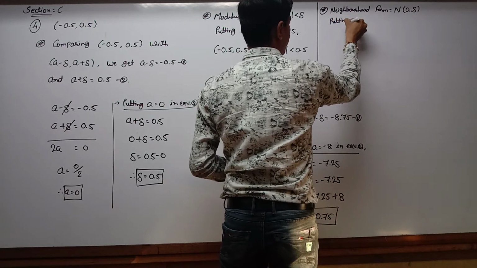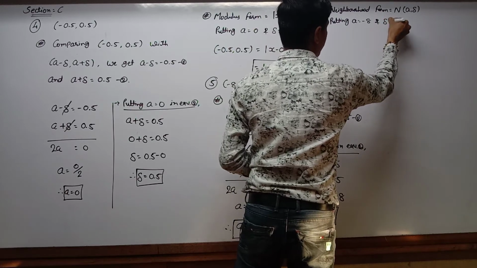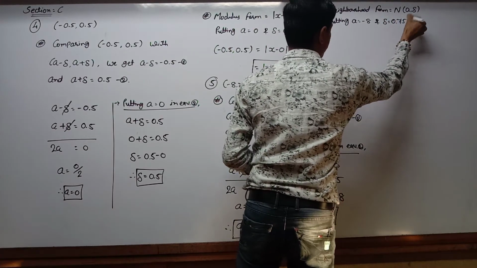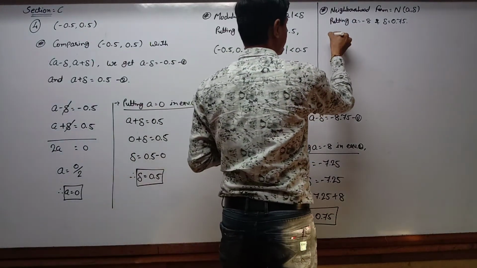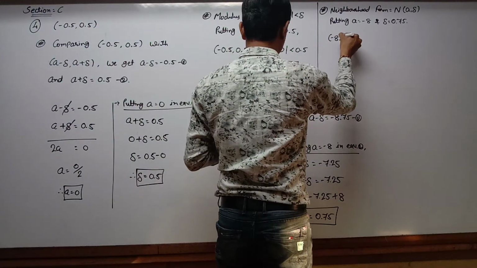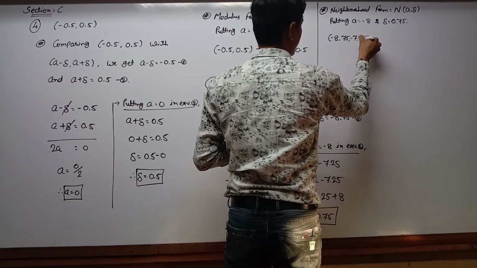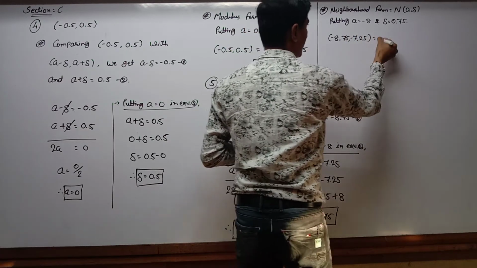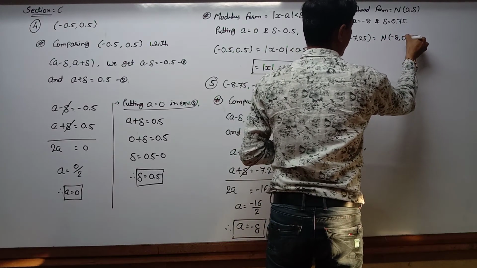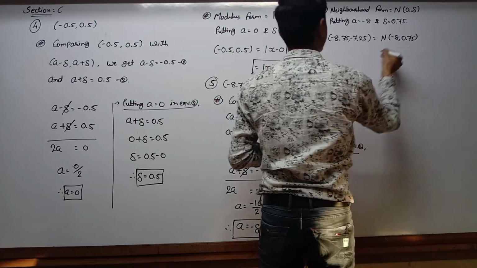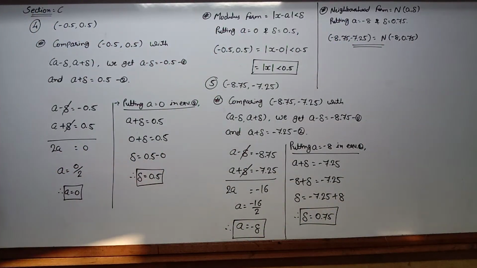Write down, putting a is equal to minus 8 and delta is equal to 0.75. Now next step, minus 8.75 to minus 7.25 is equal to capital N in bracket minus 8 comma 0.75. Here completed for question number 5.